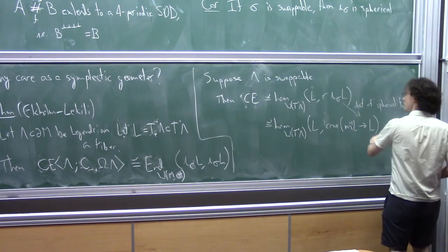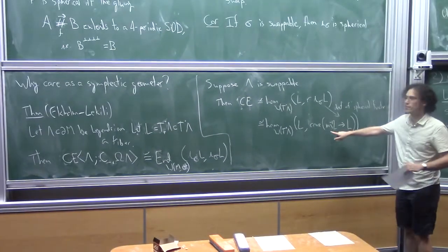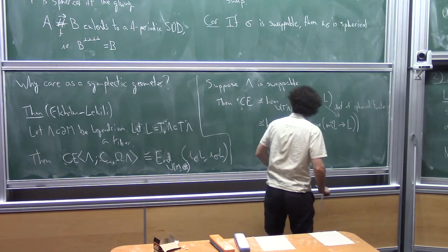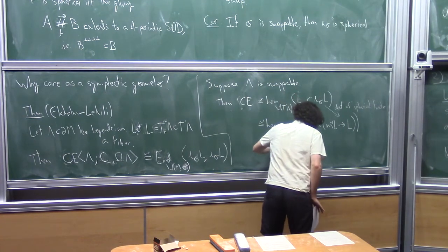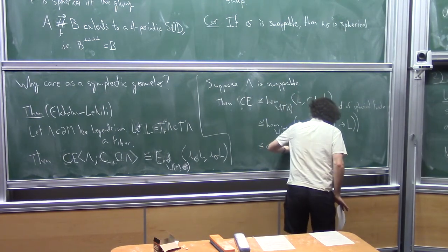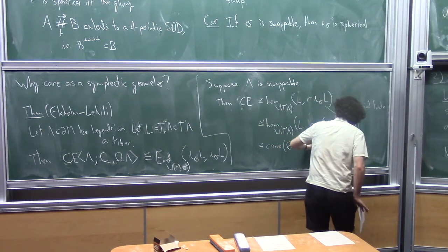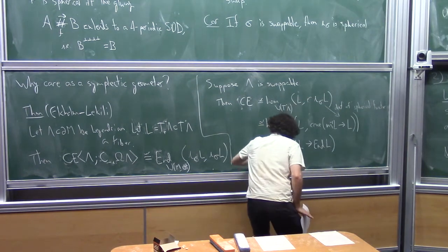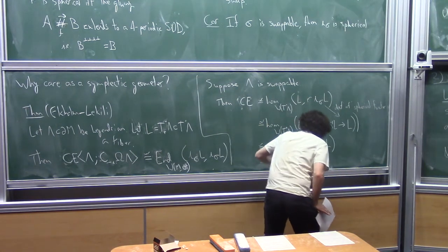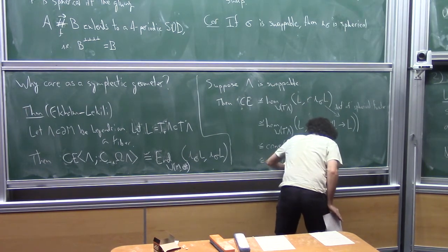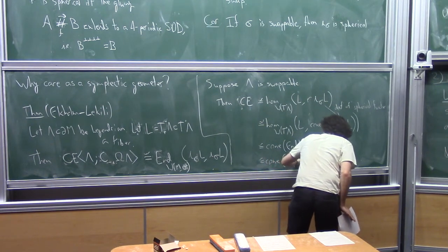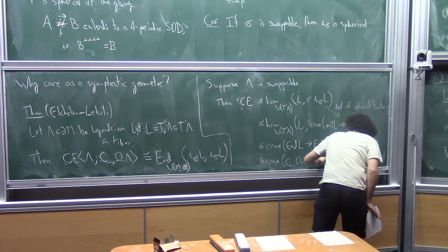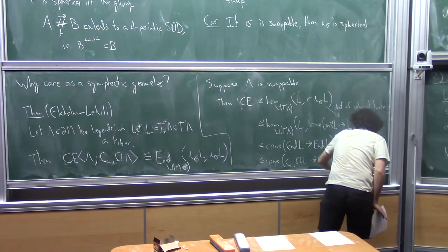Okay. But now the geometric monodromy sends L to L. So this thing is some cone of End L to End L, which is the cone of, in other words, chains on the loop space of L to chains on the loop space of L. And I'm omitting a shift.